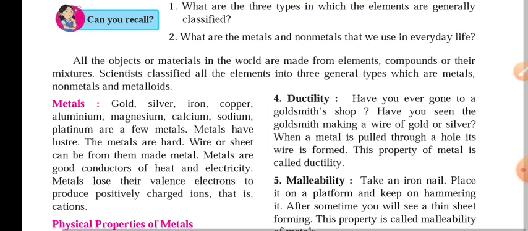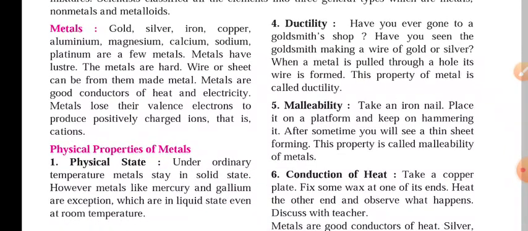First, we will begin with metals. Some examples of metals which we use in our day-to-day life: we use copper. Where do we use copper? In the kitchen, utensils made up of copper. We use copper in electrical wiring and electrical circuits.